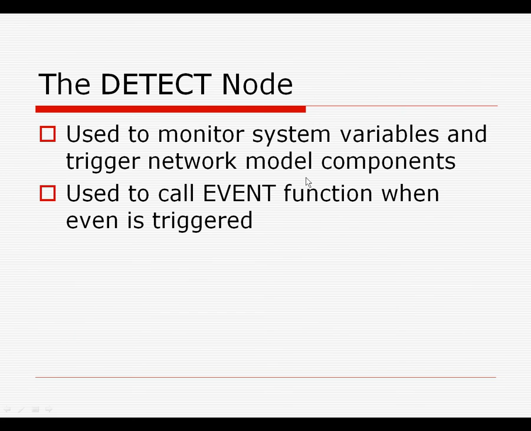The detect node, you've seen that before, is used in the network portion of the model to do pretty much the same thing. So the detect node sits there and monitors whatever you've asked it to, and then after that the detect node is initiated, and an entity is scheduled to occur flowing out of the detect node.